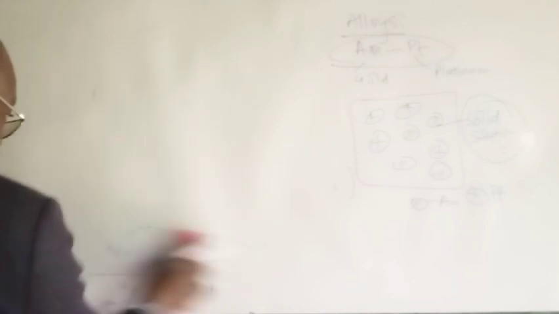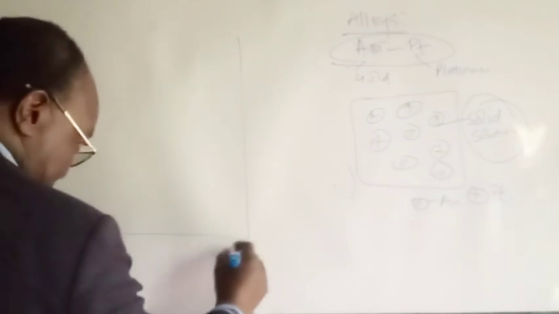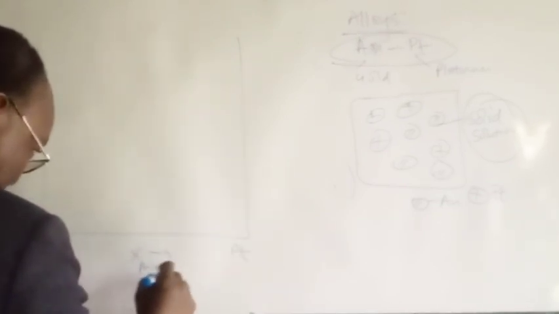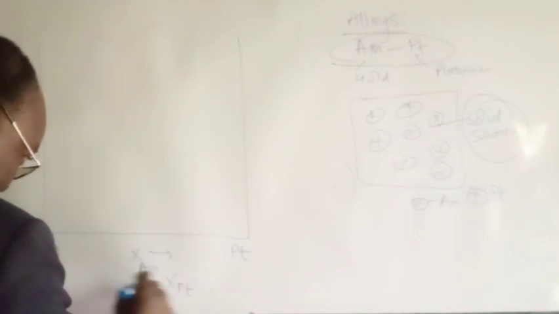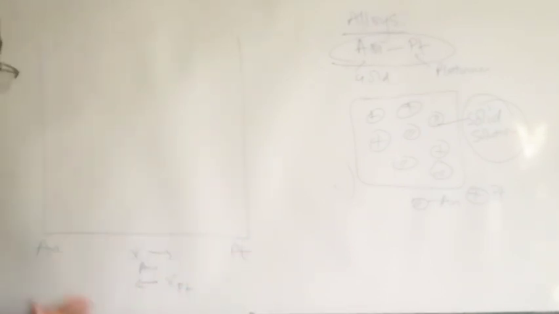Let's represent it theoretically. Let's say we have gold and we have platinum. Of course, small fractions, a fraction of platinum. This is the 100% platinum axis, that's the 100% gold axis.